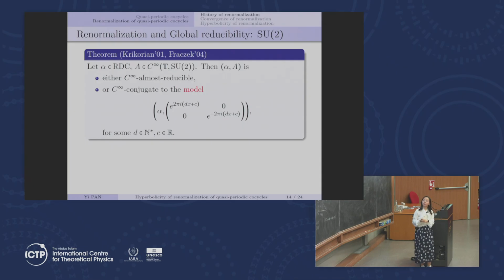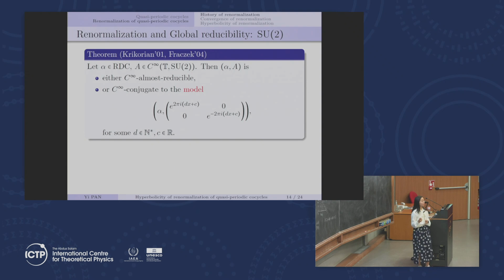They showed that for alpha recurrent Diophantine and smooth SU(2) cocycle, (alpha, A) is either smoothly almost reducible, or conjugate to a very explicit model: alpha with exponential of 2 pi i (dx plus c) and exponential of minus 2 pi i (dx plus c).